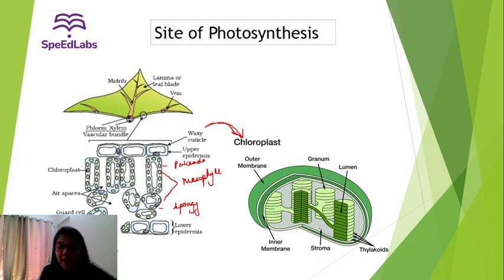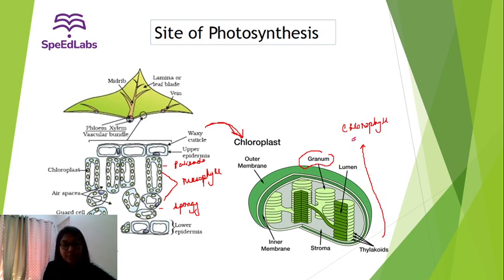It has a stroma, and then there are disc-shaped structures called thylakoids, stacked over one another. This entire stack is called a granum. Inside these thylakoids we are going to find the chlorophyll pigment, which is very important.